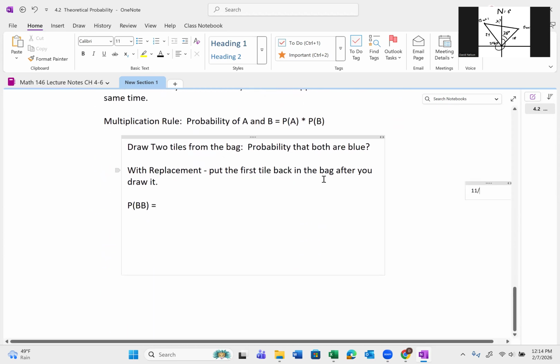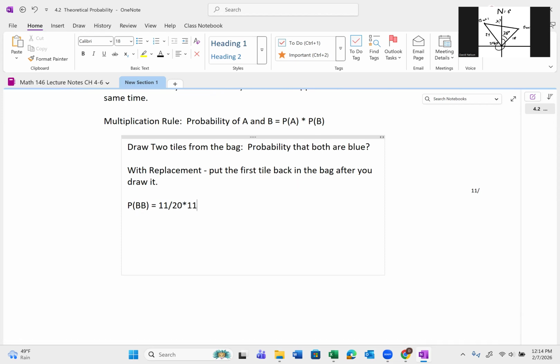With replacement, the second is also 11 out of 20. Oh, wow, it calculated that for me. That's pretty cool. It should be 121 divided by 400, which apparently is 30.025. I didn't know that OneNote would do that. So you've got about a 30% chance of getting two blue tiles in a row.